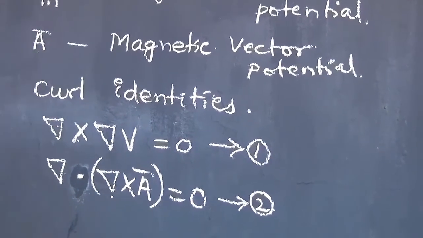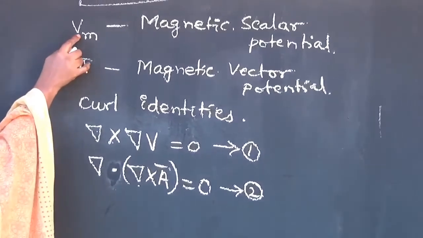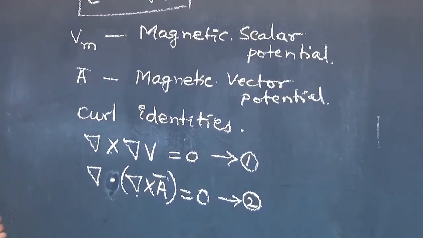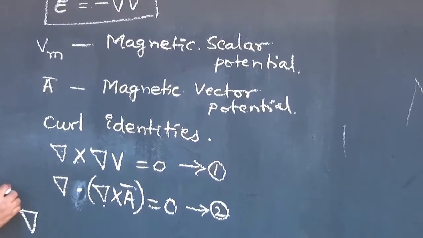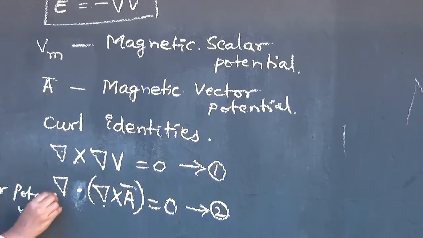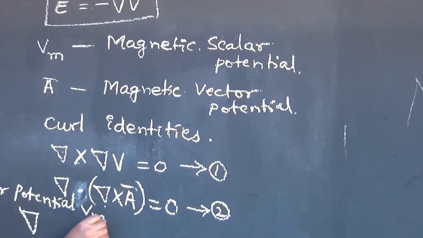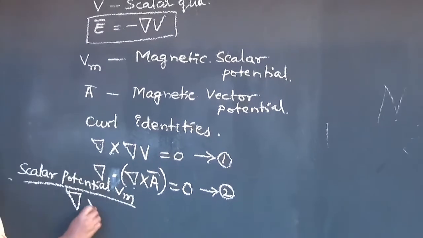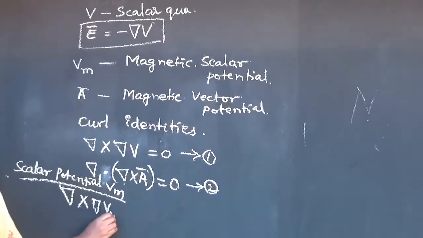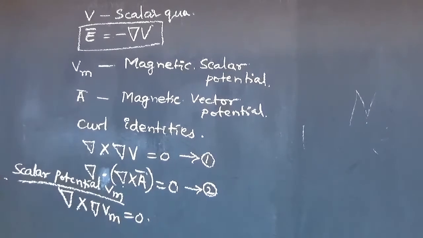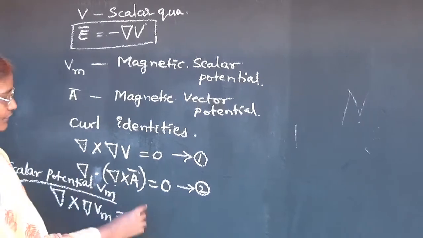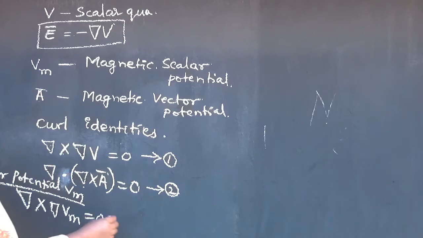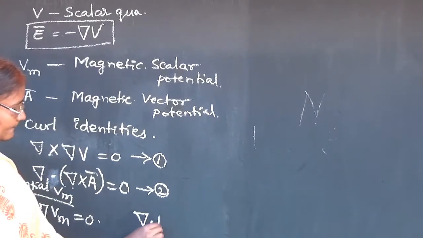Now, to identify the magnetic scalar potential Vm, we make use of the first identity, del cross del Vm is equal to 0.